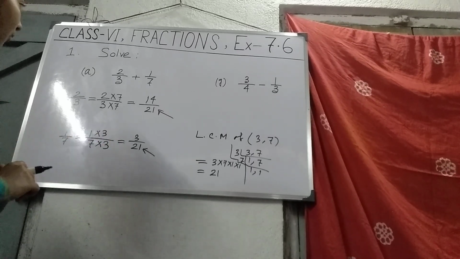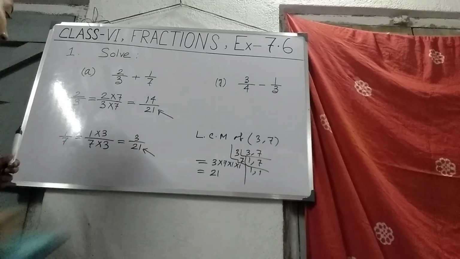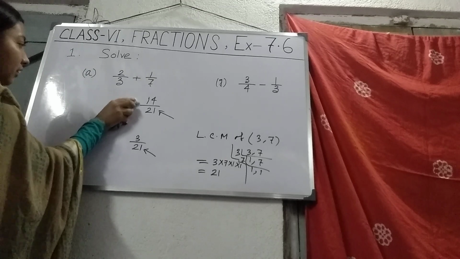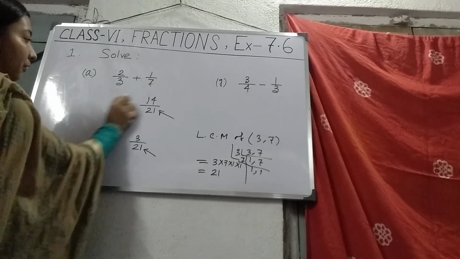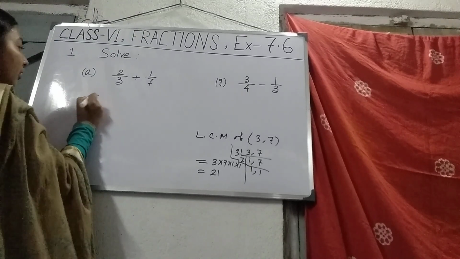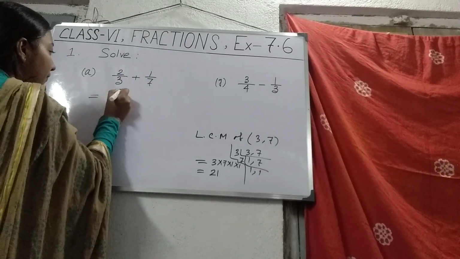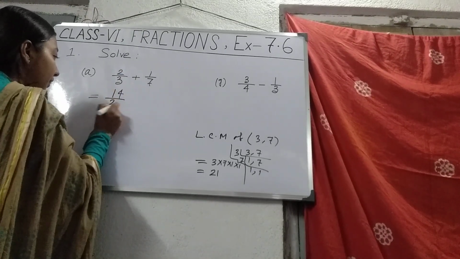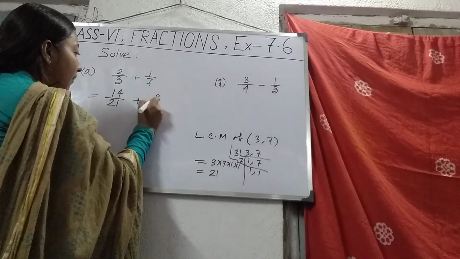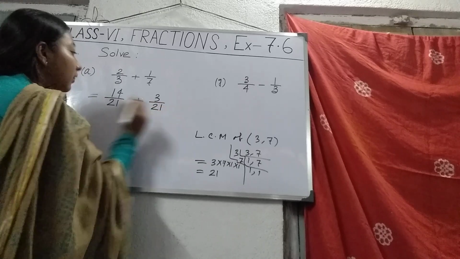Okay. Now we can write, we have got 14 upon 21 and 3 upon 21. So in place of 2 upon 3 we can write 14 upon 21, then plus sign, then 3 upon 21.